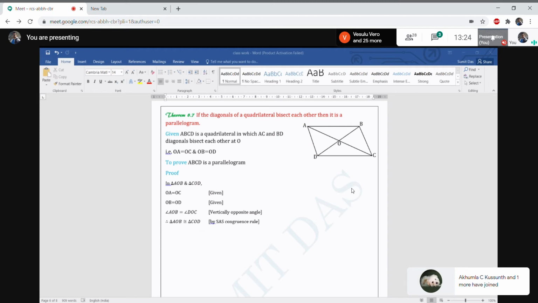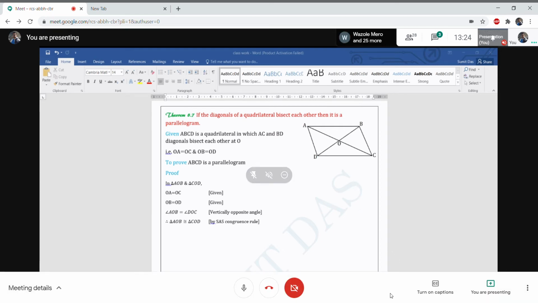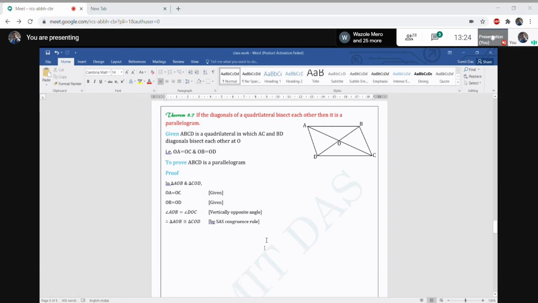Therefore, the two triangles are congruent. By which congruency rule? SAS congruency rule.